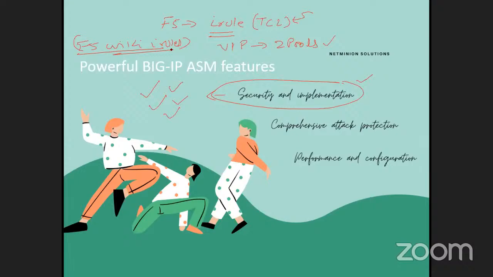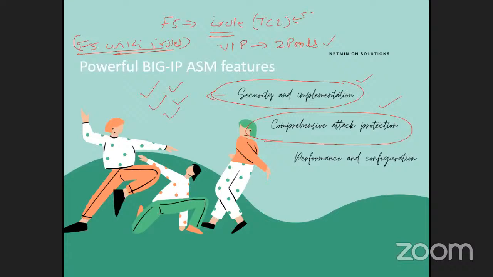L7 rate shaping can also be provided in your comprehensive attack protection. Your application visibility and reporting can be done by your ASM module. So this particular heading covers a lot of stuff, as I told you earlier. Let us talk about some of the performance and configuration types.